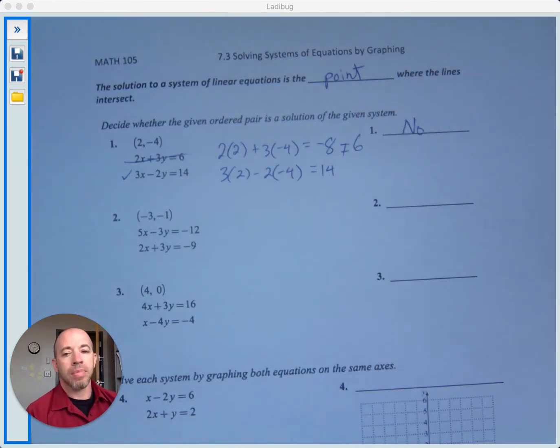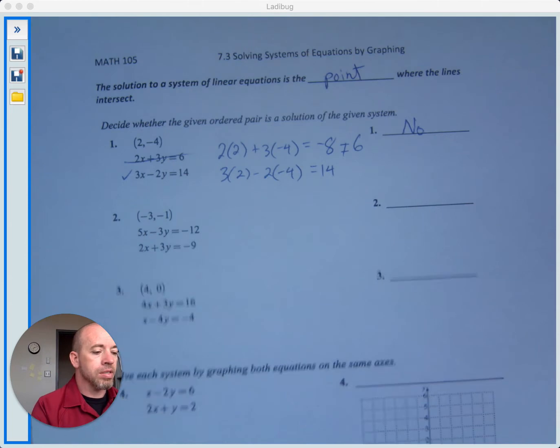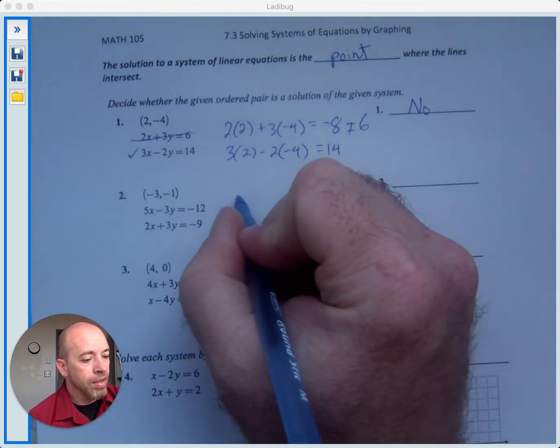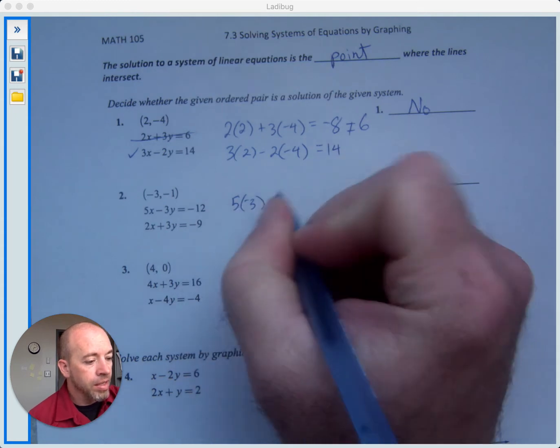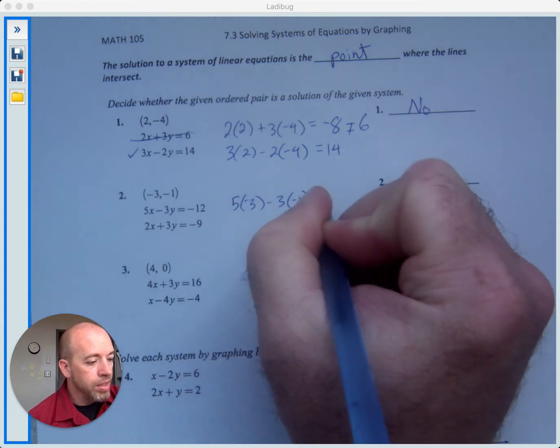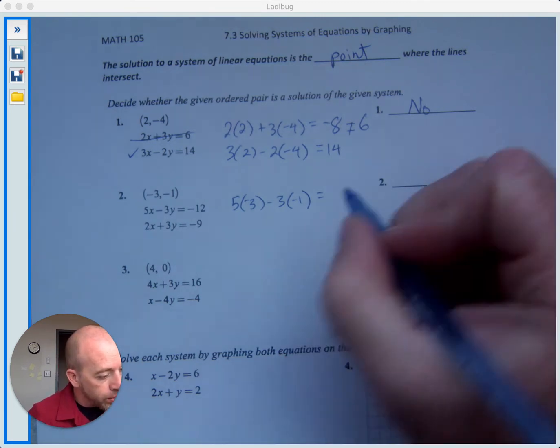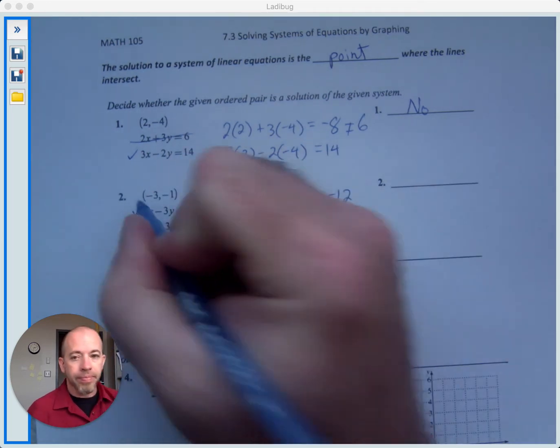Alright? Now we check the next one. Let's see. Is -3, -1 a solution to this system? Let's see. 5 times -3 minus 3 times -1. And you could use your calculator or you could use mental math, either one. So 5 times -3 minus 3 times -1, and that is -12. So that one works in this one, right?